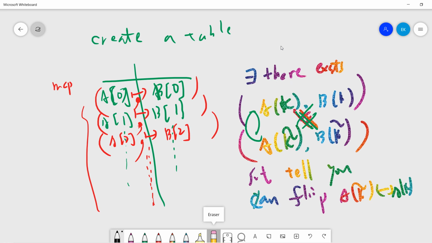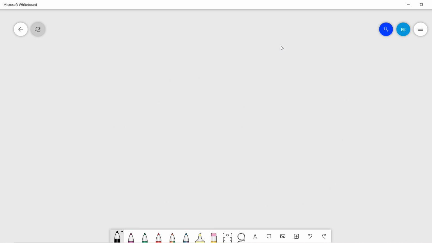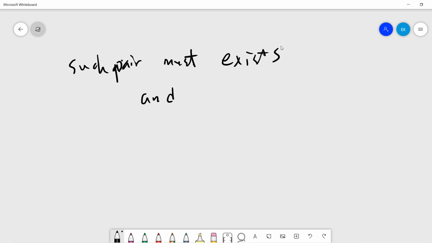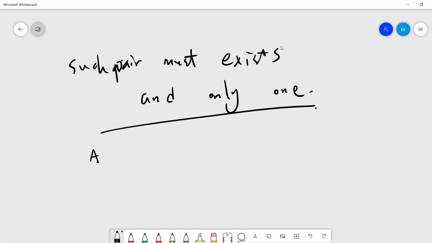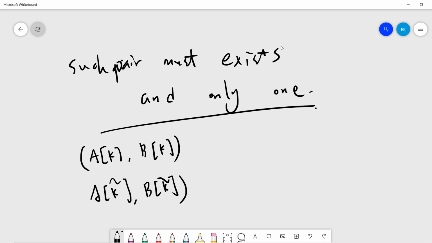So the original definition becomes: such a pair must exist, and only one. This is the key point: we need to find such a pair. Such a pair means there's an AK and BK, also AK tilde and BK tilde, such that these two are the same and these two are the same.